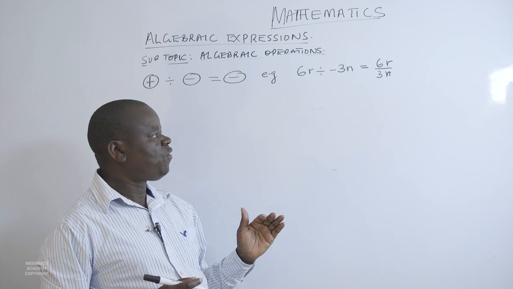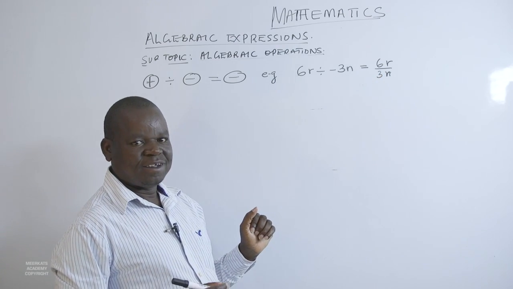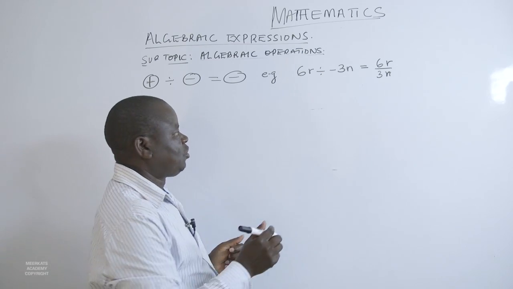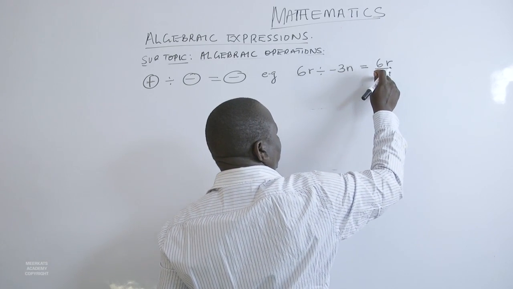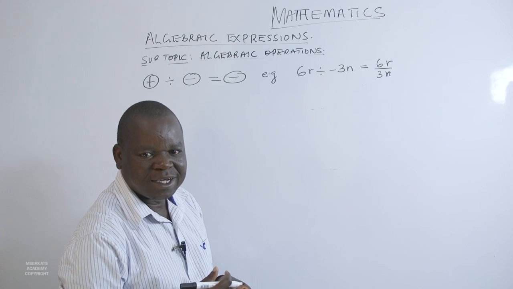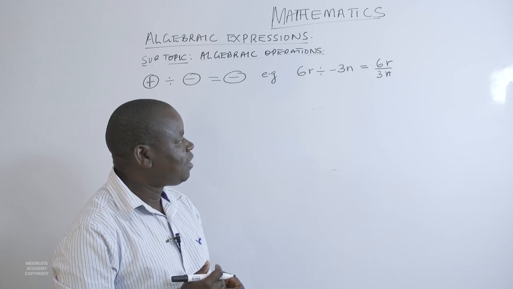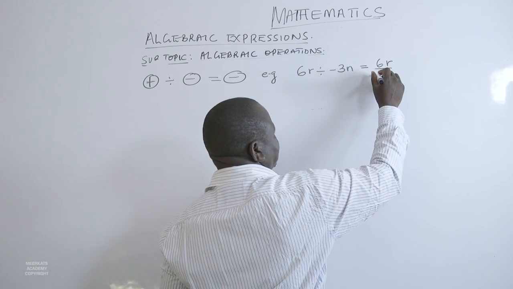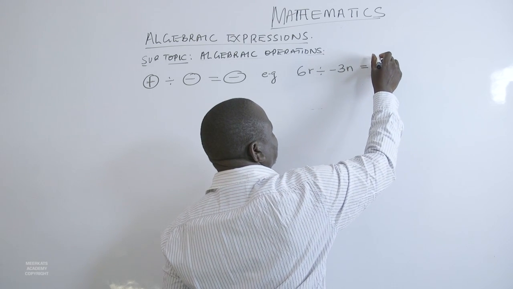Same procedure followed here, we divide the coefficients and also divide the pronumerals. So we start by saying the highest common factor between 3 and 6 is 3 itself. And for that reason, 3 divides itself once and 3 divides 6 twice.